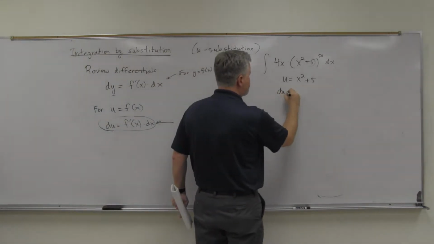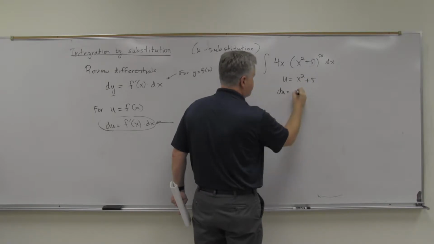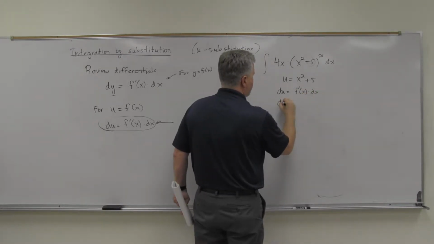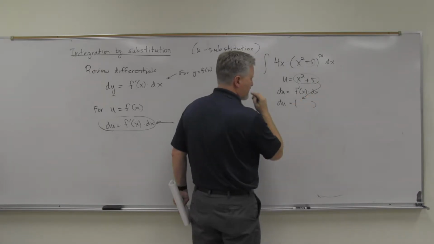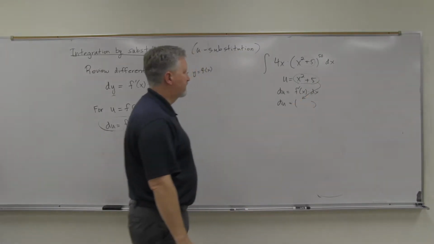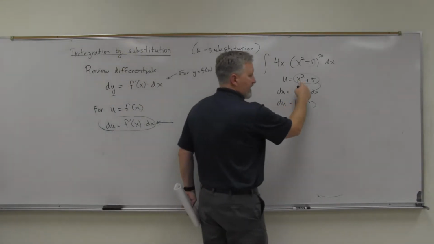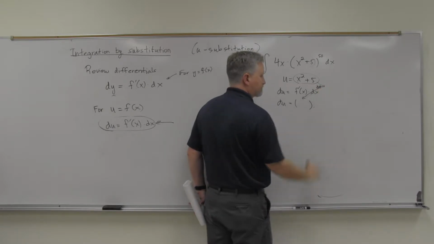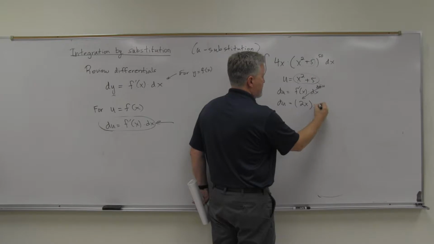du is just going to be my derivative here. So in this case, du is just the derivative of that, call it f or whatever you want to call it. We just do the derivative of that, which is just 2x, and it's times dx.